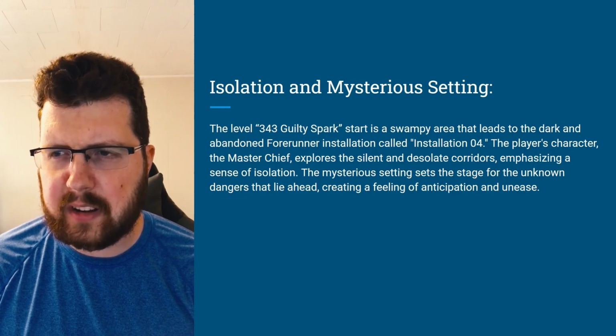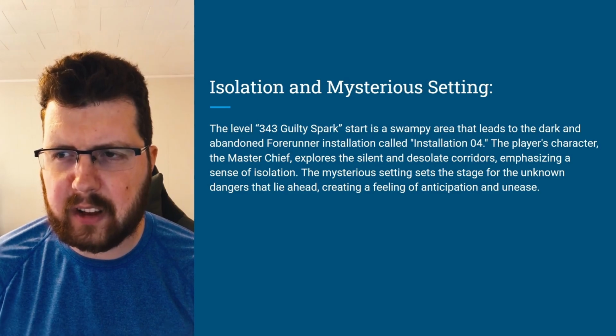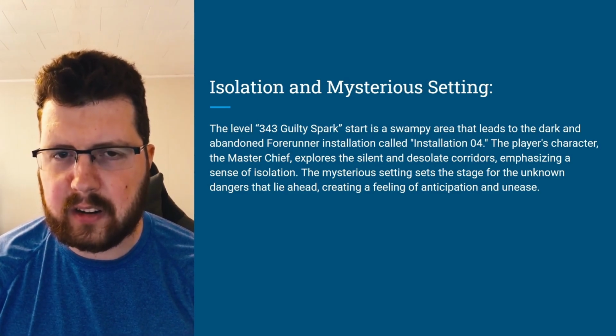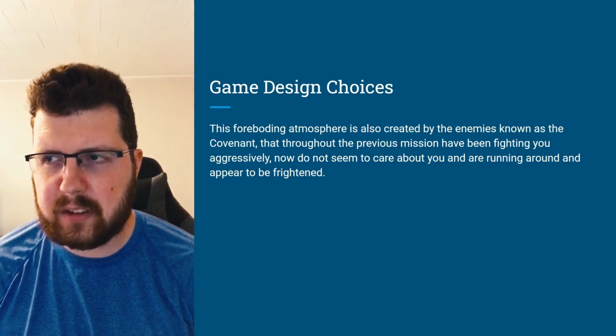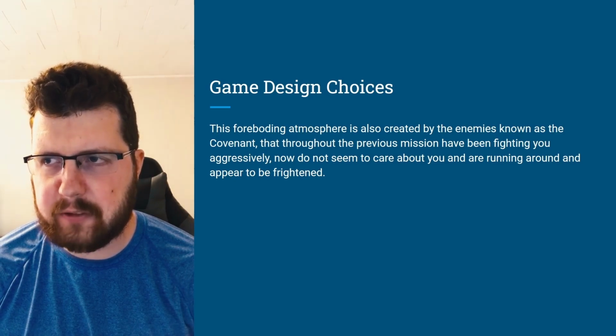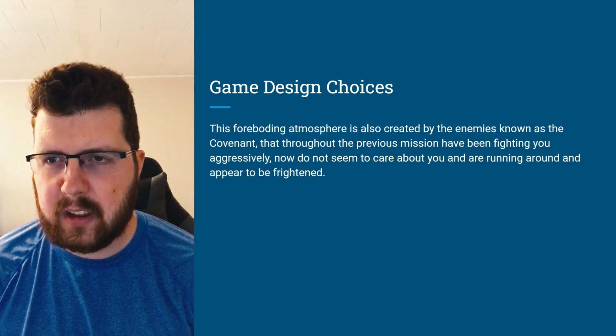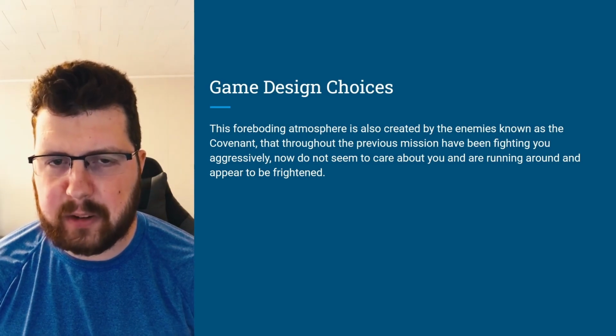The mysterious setting sets the stage for the unknown dangers that lie ahead, creating a feeling of anticipation and unease. This foreboding atmosphere is also created by the enemies known as the Covenant, that throughout the previous missions have been fighting you aggressively. Now they do not seem to care about you and are running around and appear to be frightened.